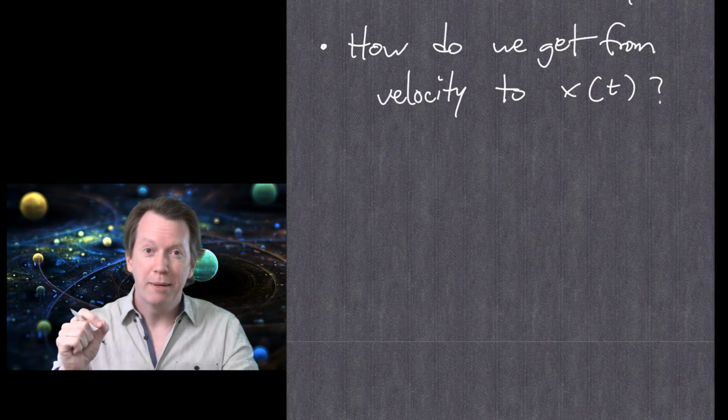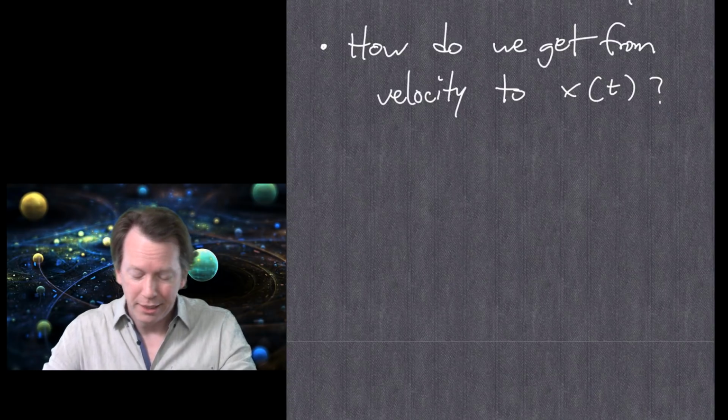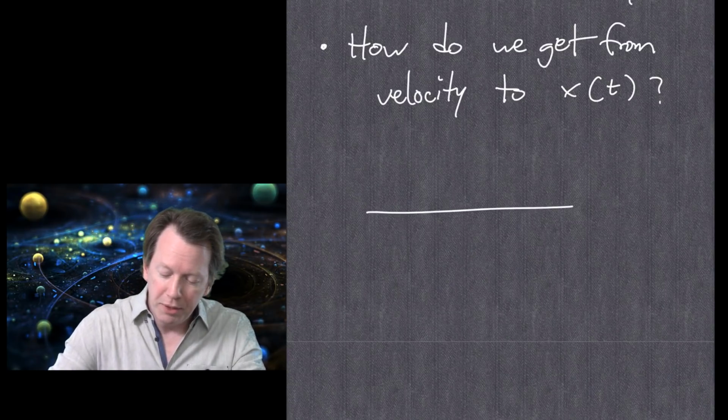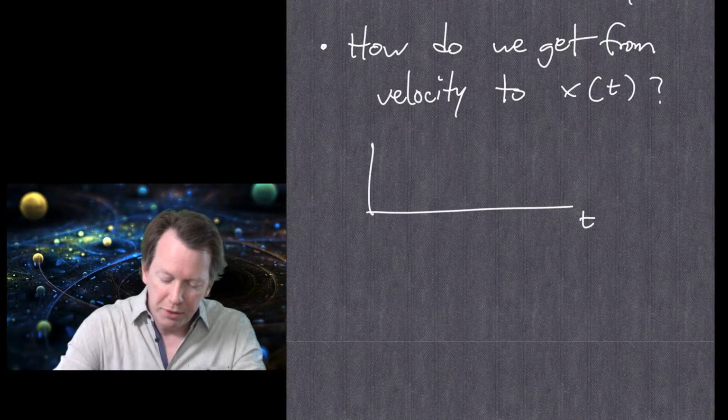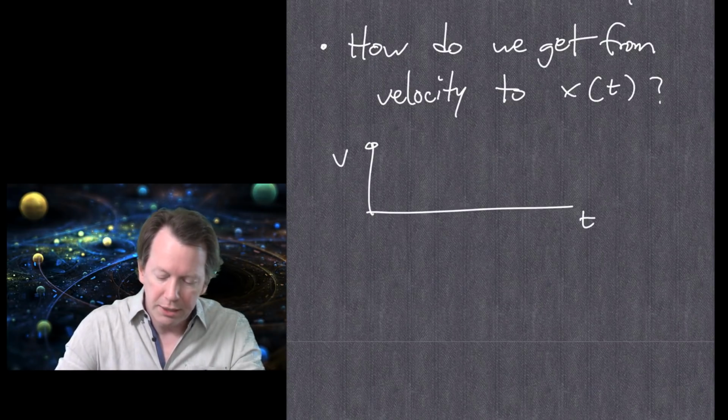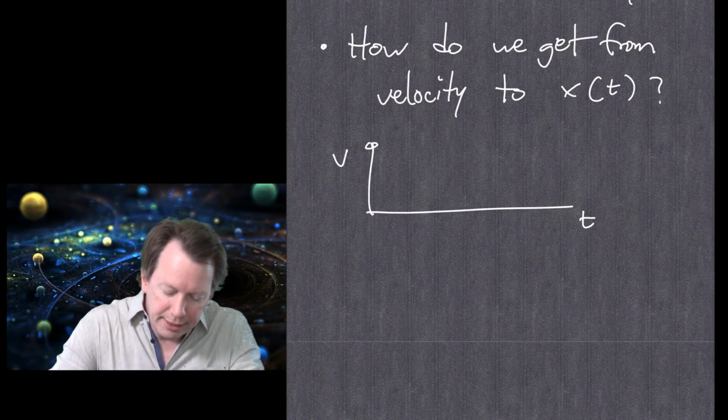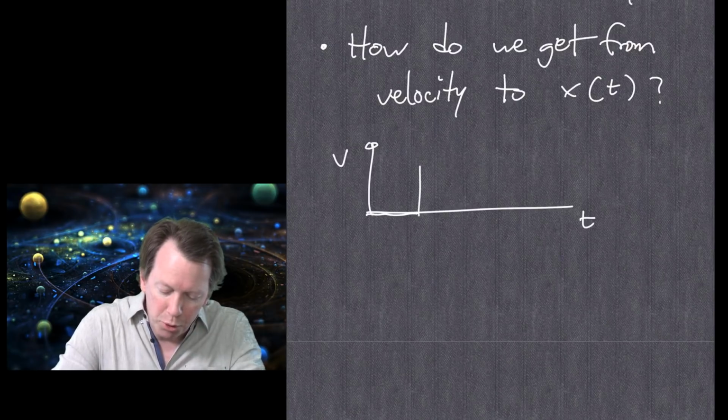And furthermore, it can brake in literally 0 seconds. So if you plotted the velocity versus time of this car, it's 0, and then boom, it's 60 miles an hour, and then boom, it's 0 again, right?